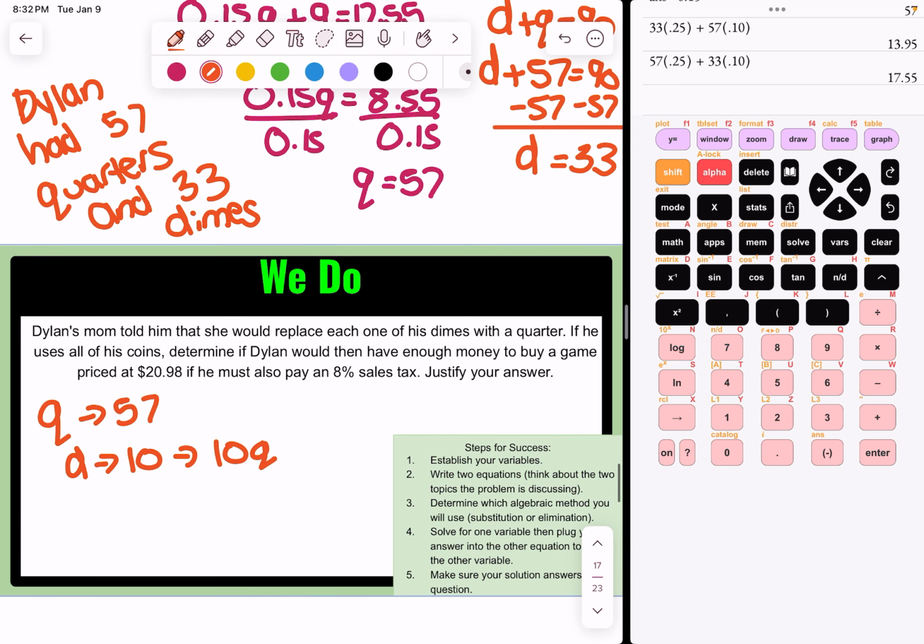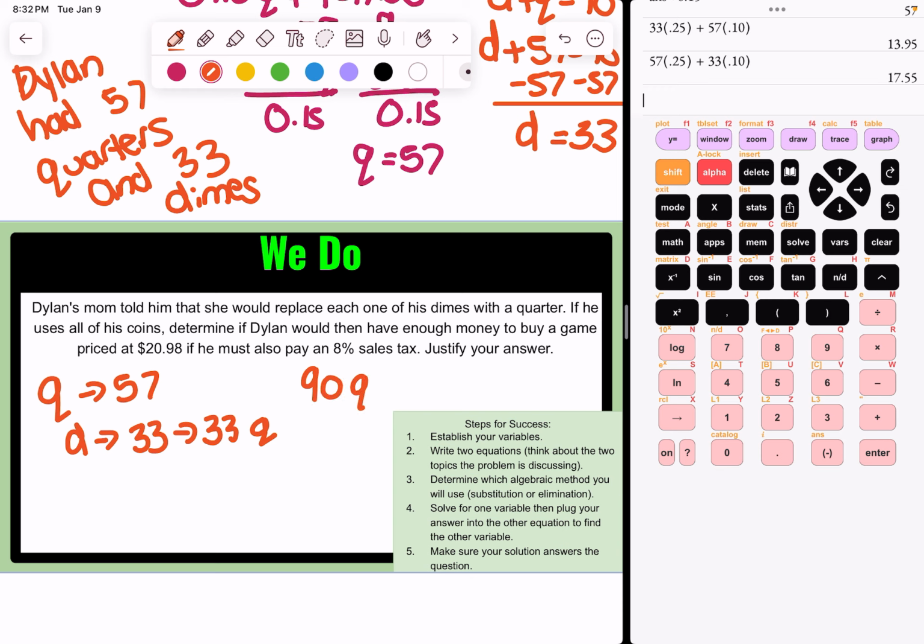He has 33 dimes right now that she's going to replace with 33 quarters, which means if he has 57 quarters plus the 33 quarters, he would have 90 quarters, which makes sense because it said he had a total of 90 coins. So 90 quarters are worth $22.50.